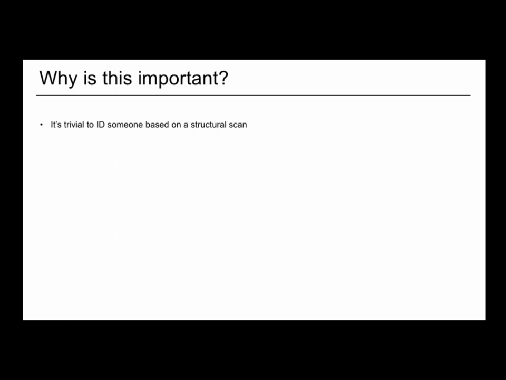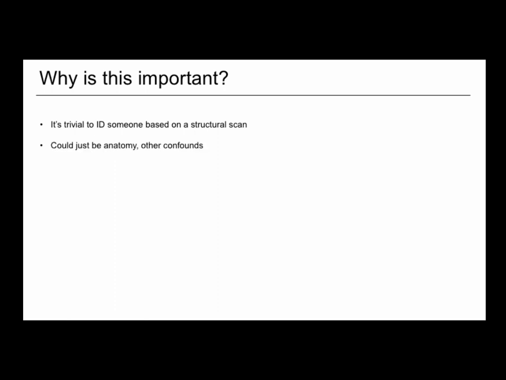I can identify someone by looking at them. I can identify someone based on their DNA, based on their actual fingerprints. There are ways that are much more accurate and much more practical to identify people other than putting them in an MRI scanner and extracting a functional connectivity profile. And even just within MRI, it would also be trivial to identify someone based on a T1 weighted scan, for example, which is expected to be very stable across days and doesn't change very much depending on what you're doing.